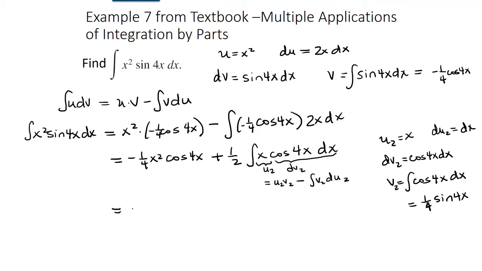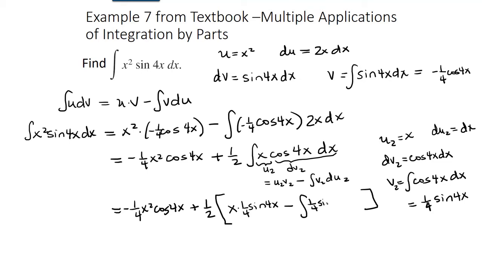I'm going to copy down the whole thing that I had so far, plus, and then we have 1/2, and now, remember to put brackets, the whole thing's being multiplied by a half, u2 times v2, so that's going to be x times 1/4 sine of 4x minus, and then we have the integral of v2, which is 1/4 sine 4x again, times du2, which is just dx.